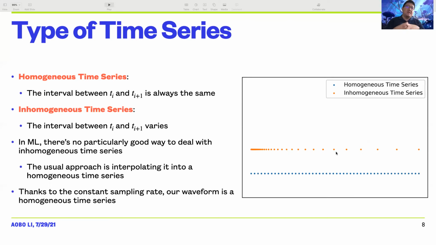In machine learning algorithms, there is no particularly good way to deal with inhomogeneous time series. The usual approach is to do some kind of interpolation and convert it into a homogeneous time series. But thanks to our constant DAQ sampling rate, our waveform is a homogeneous time series, and we don't need to worry about this inhomogeneous behavior in t.